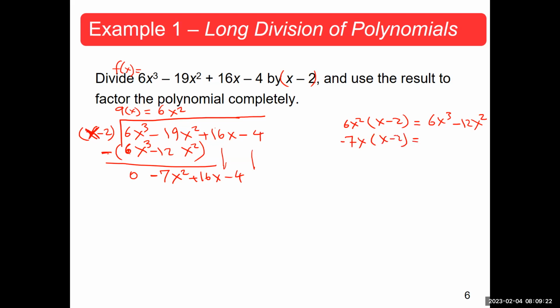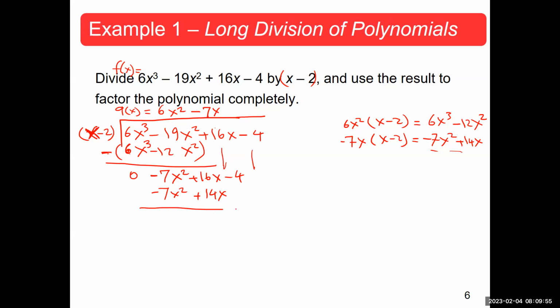You get negative 7x squared plus 14x. Now you put the answer over here, negative 7x, and you put the result of the multiplication under here: negative 7x squared plus 14x.